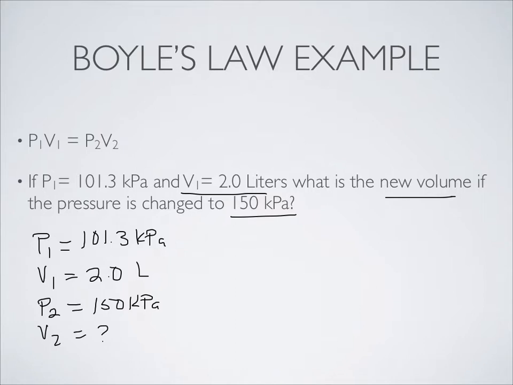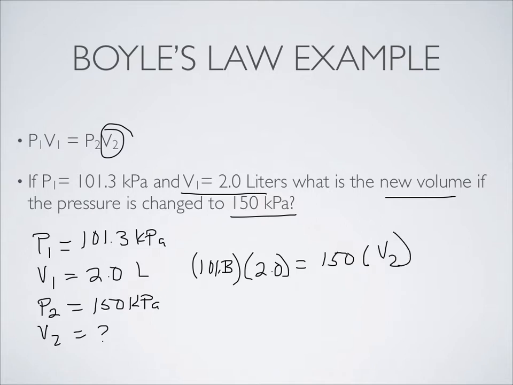If you look, we have everything but V2, so we can put everything in and solve it. 101.3 times 2 equals 150 times V2. That's pretty straightforward.